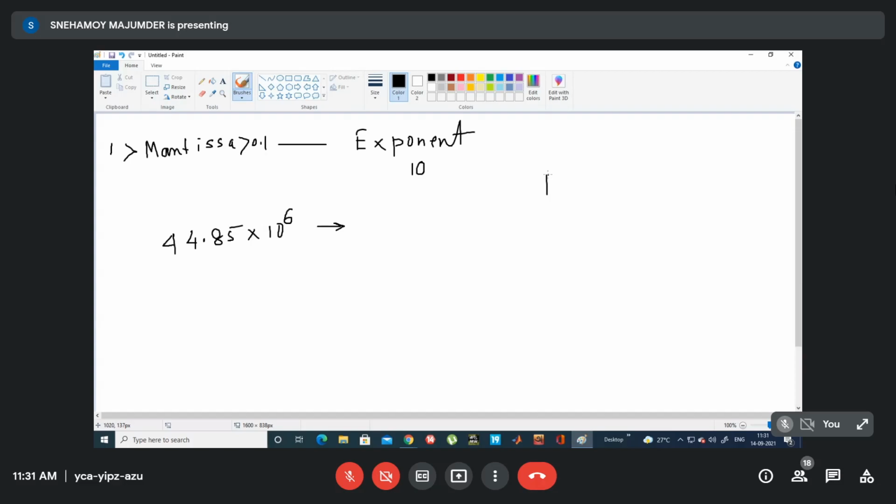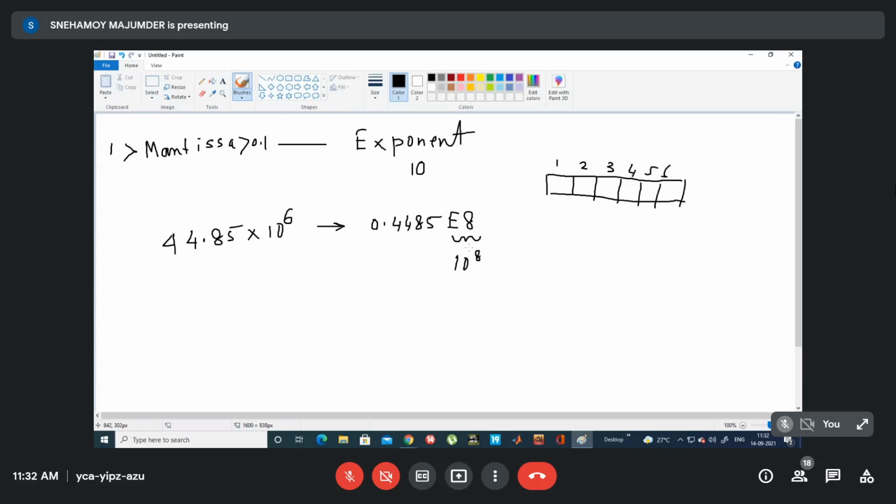Because it can store only 6 numbers, I can represent this as 0.4485 E8. This is basically 10 to the power 8.